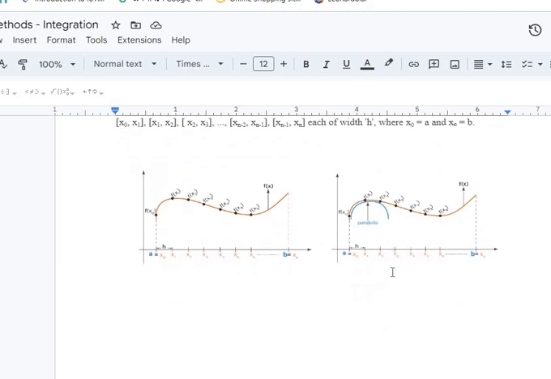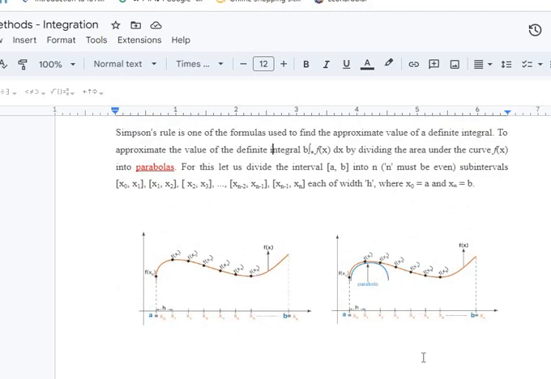Now how to do this? Just consider a particular picture. Again, this is divided from A to B into n parts. It starts from x0, x1, x2 up to xn, and each is divided by h. Again, we know h is given as b minus a by n, or h or delta x.